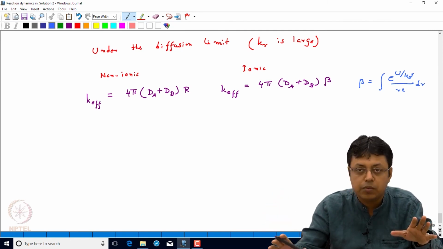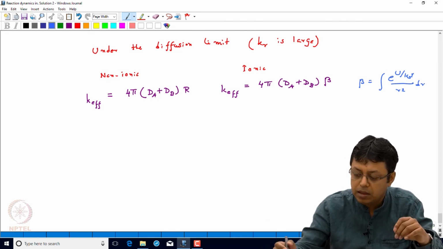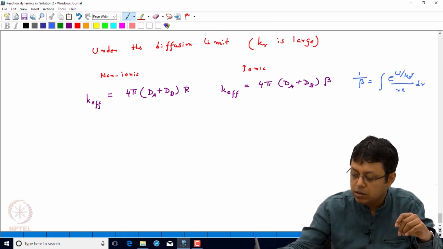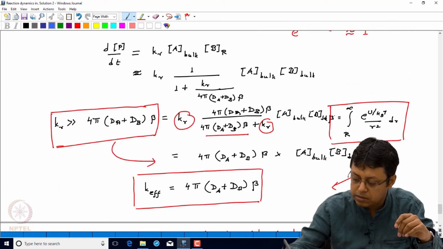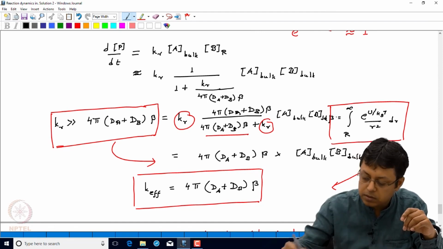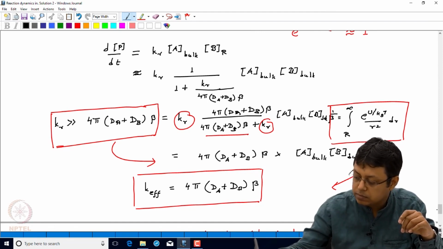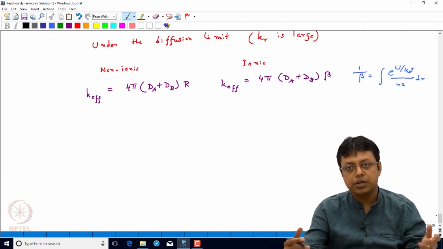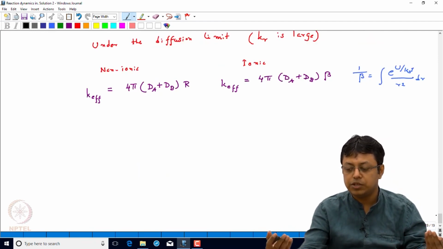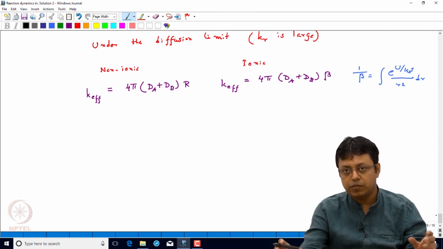So dimension wise they are still the same, and remember that we wrote it as 1 over beta, not beta. So that was beta inverse, it is 1 over beta. Beta inverse has a dimension of 1 over length, so beta has a dimension of length.